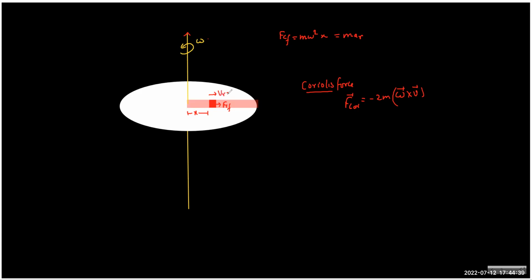This is v radial, because the block is moving along the radius. So if you write omega cross v, what is omega cross v?